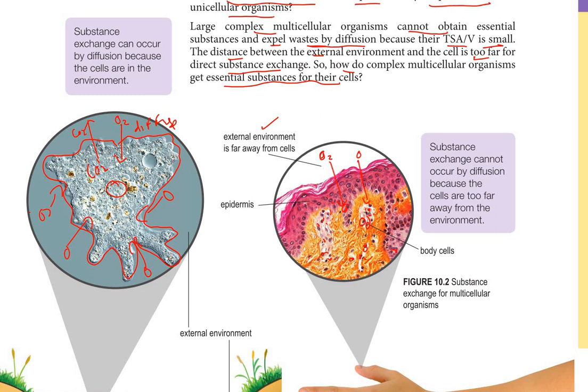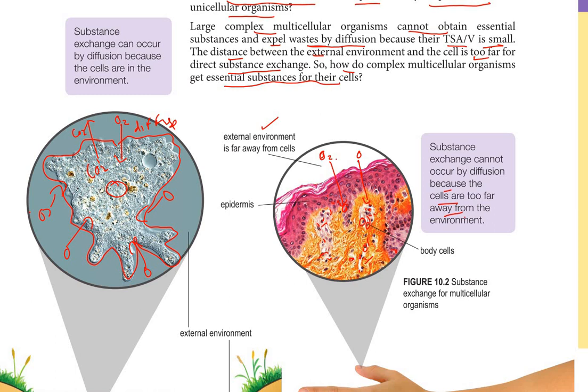So substance exchange cannot occur by diffusion because the cells are too far away from the environment. The cell cannot get the oxygen by diffusion only. Maybe diffusion can occur for certain cells, which can get the oxygen directly.